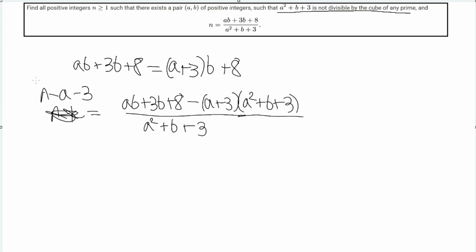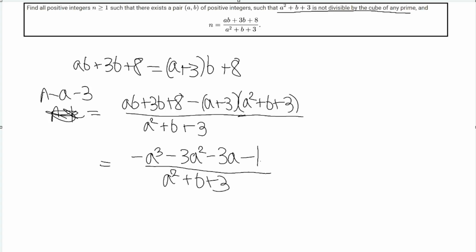And if we expand out the top, we get negative a cubed minus 3a squared minus 3a minus 1, over a squared plus b plus 3.